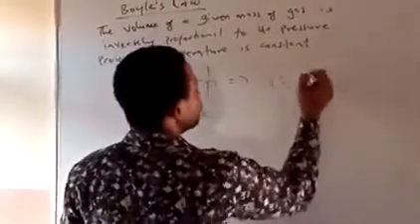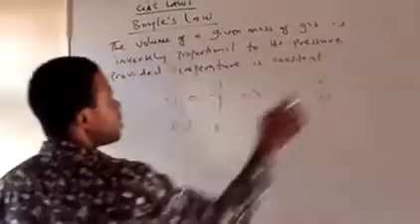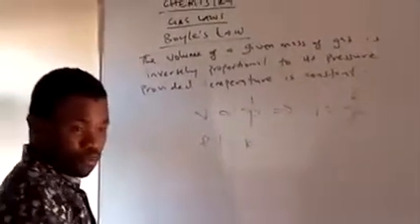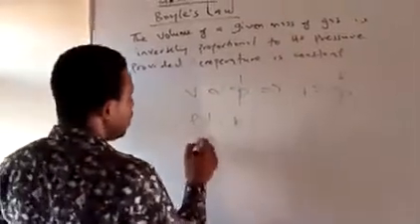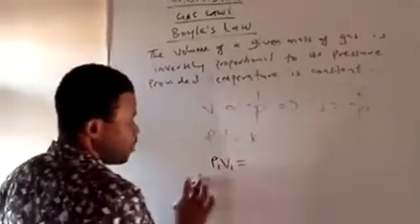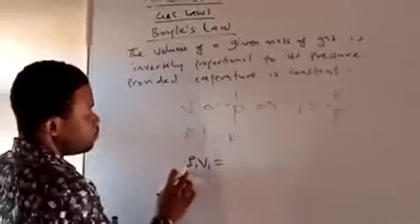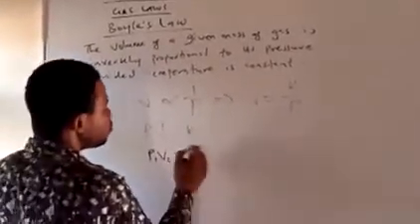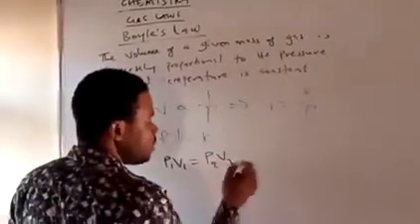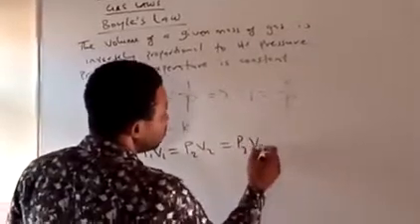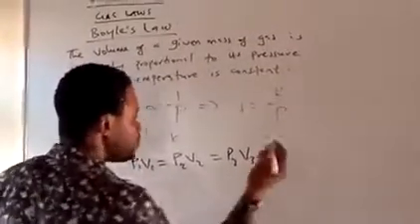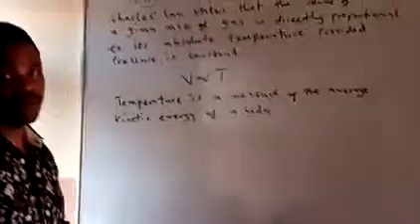V will now be equal to K over P. So if I make K the subject, I'll get PV equals K. What does that mean? Every time I have a pair of pressure and volume, their product will be equal to that of other pairs, P2V2, P3V3, and so on and so forth. Is that okay? Yes, sir.